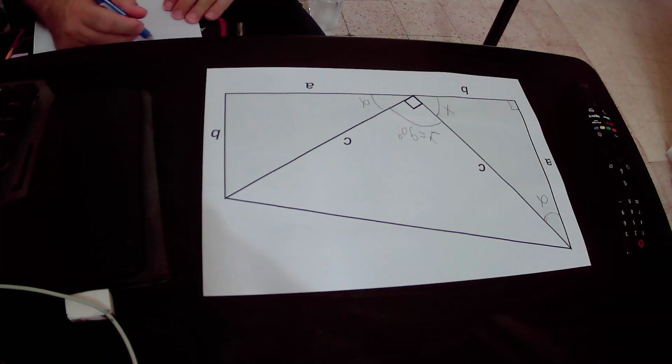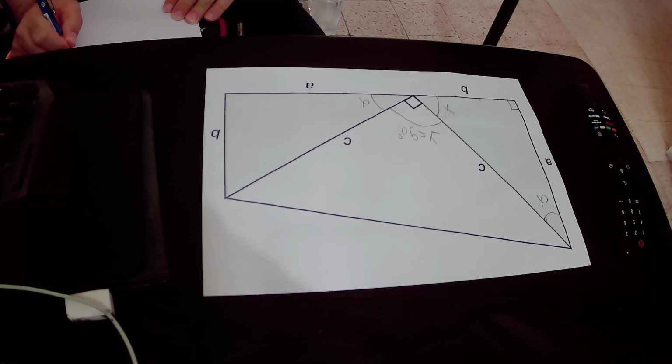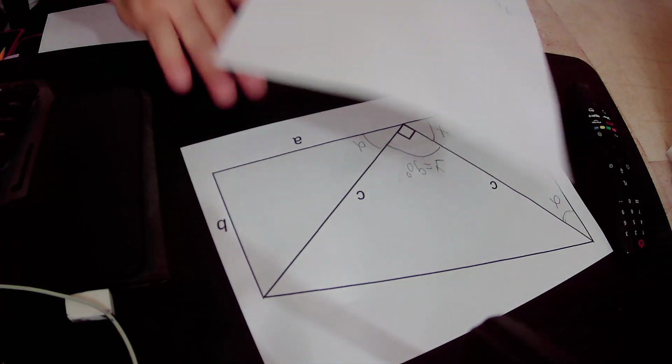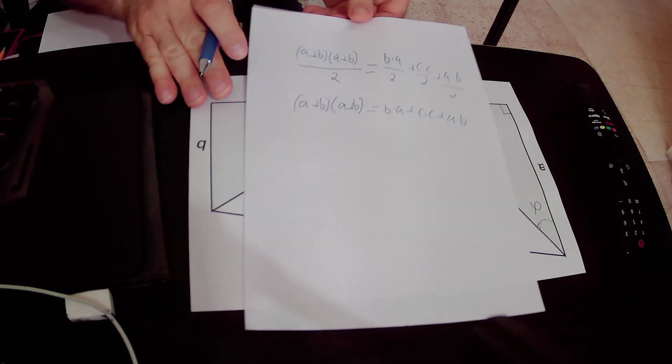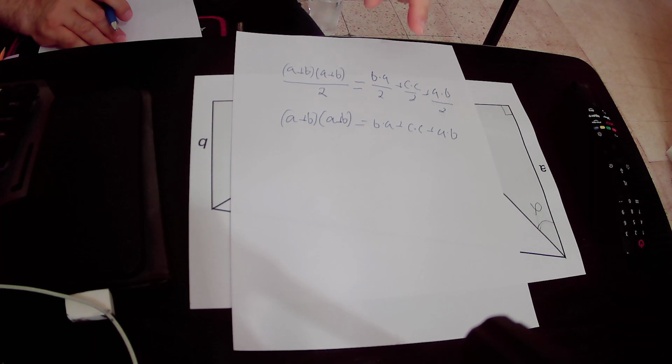We will get that a plus b times a plus b equals b times a plus c times c, that is c squared, plus a times b. So here we multiplied both sides of the equation by 2.